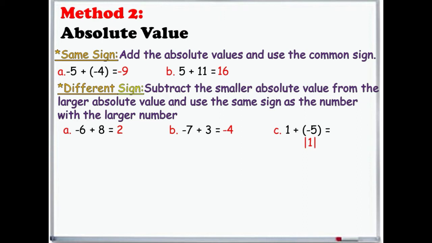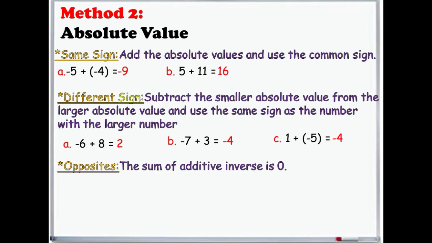Ito ay ibabawas natin sa absolute value ng negative 5. So, we have here negative 4. Mas mataas ang absolute value ni negative 5 kaysa sa 1. Kaya, sinunod natin ang sign ng negative 5.